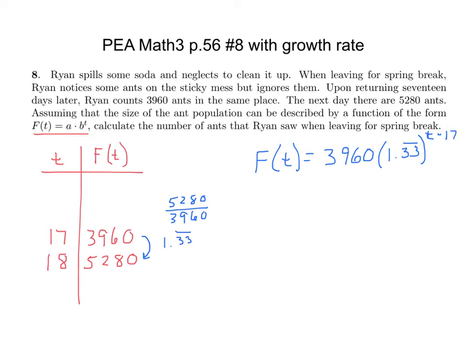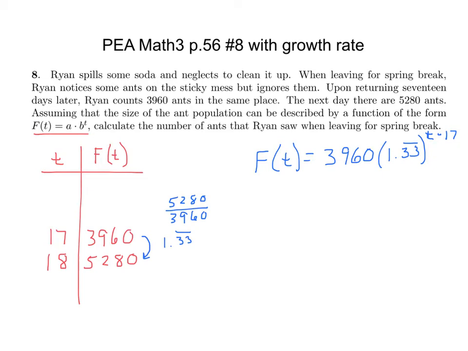Usually you start this right here as day 0. That's what we started off by learning. But whatever day we start here, we could put t or n minus that number up here for the day, because now if I substitute a 17 in for t, this becomes 0. That 1.33 up to the 0 power is 1. So I'm good, 3,960. That would be fine for your function.